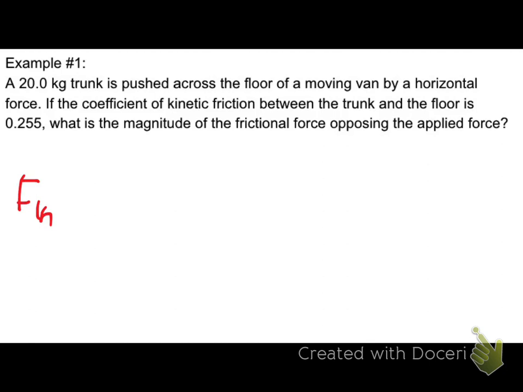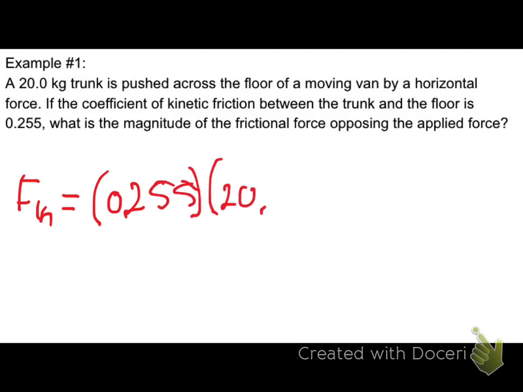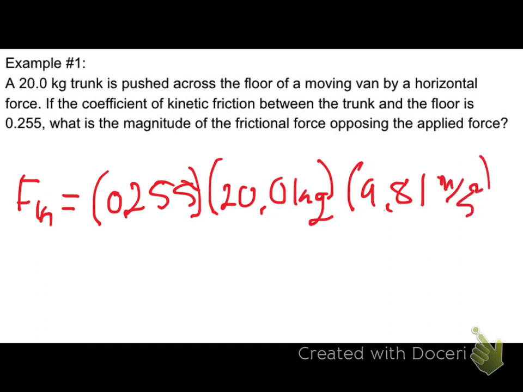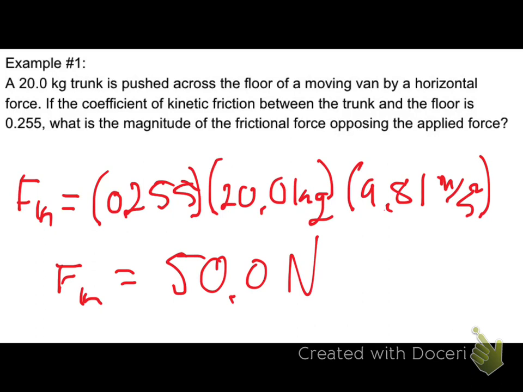So the force of kinetic friction is equal to mu sub k, the coefficient of kinetic friction, times the mass, 20 kilograms, times the force of gravity, 9.81 meters per second squared. And if you do all that math, what you should find is the force of kinetic friction is equal to about 50 newtons. That was our warm-up.